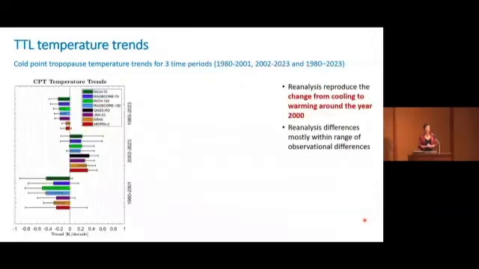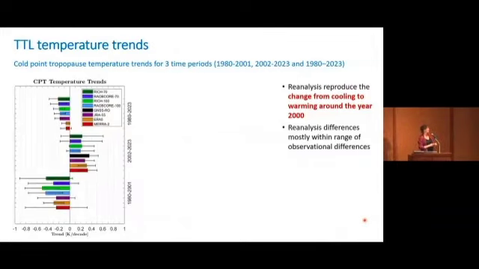Good, let's go back a little further in time. So now we're looking at tropical mean averages for 1980 to 2001, that's the lower part of the figure. Then the time period that you've just seen, 2002 to 2023, that's the middle part. And then the full time period is at the very top. And you see observational trends, those are the green and blue columns here, based on the adjusted radiosonde data sets.